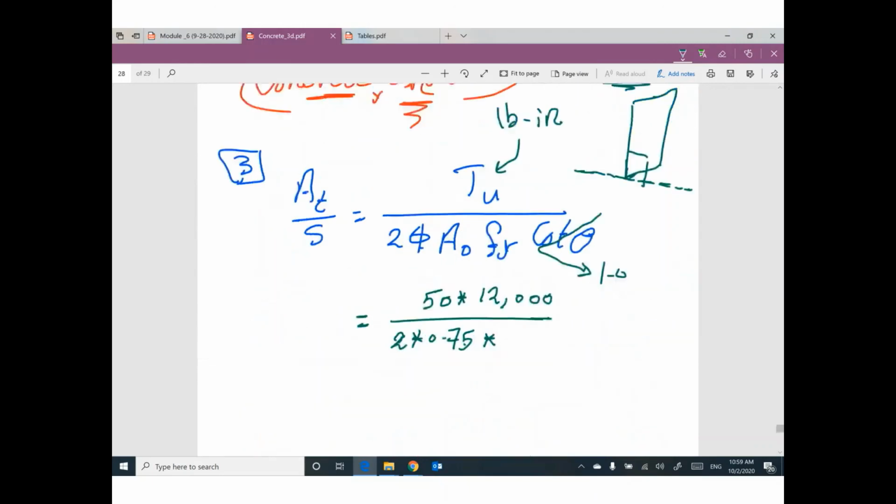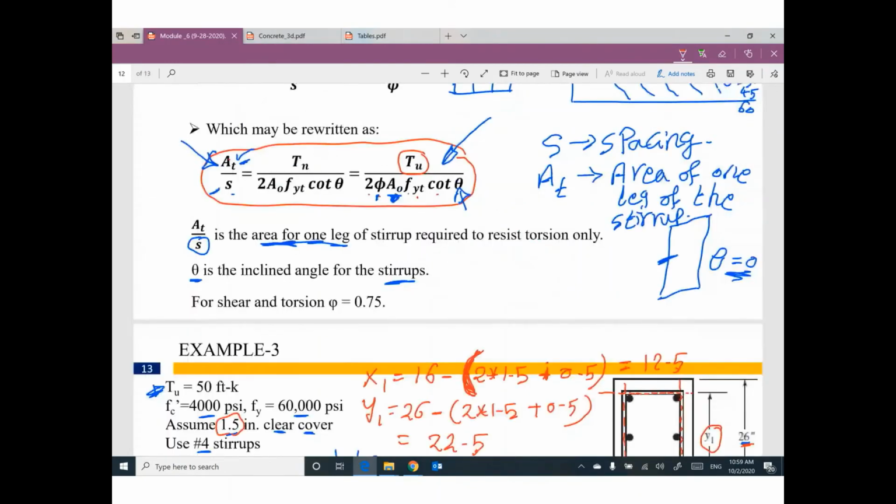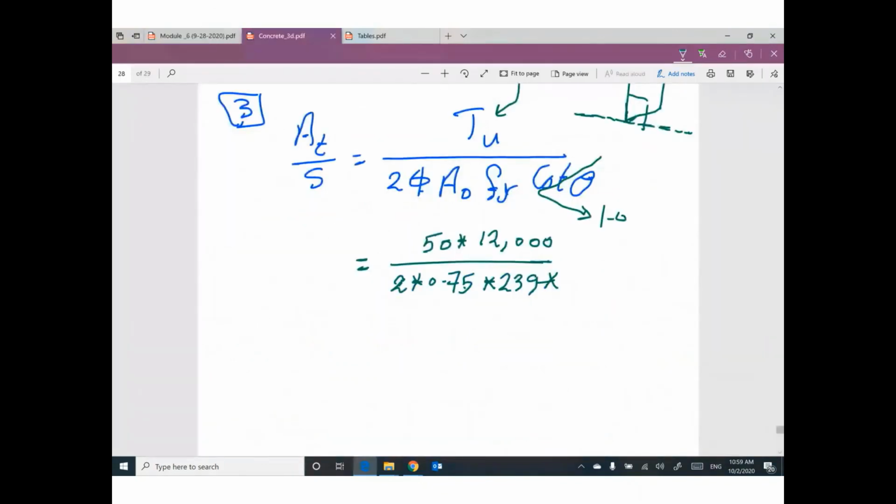What is the value of F yield? Go back, 60,000. And this term will be neglected if your stirrups are vertical stirrups.